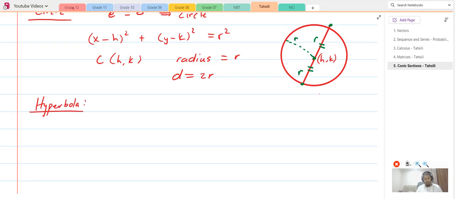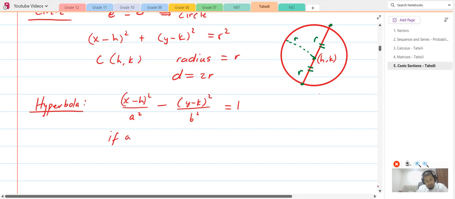Right, in a hyperbola we have a general form, which is (x minus h) all squared over a squared minus, very important, there's a minus there, and the ellipse is plus, (y minus k) all squared over b squared is equal to 1. This is a hyperbola where a squared is greater than b squared.